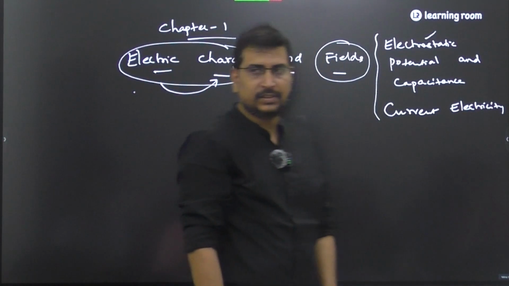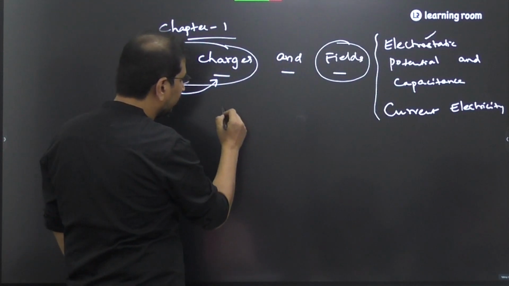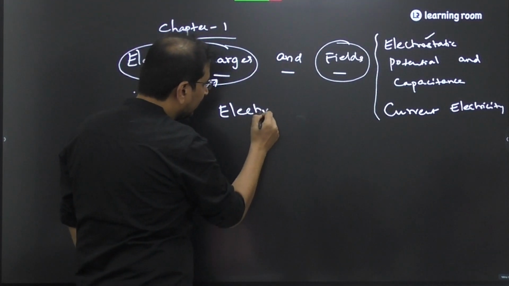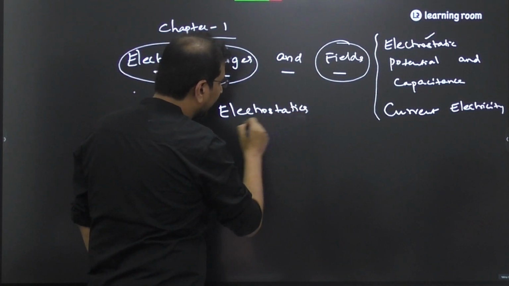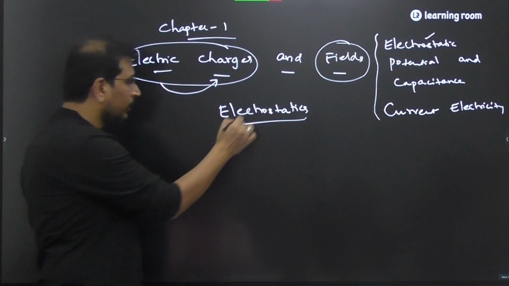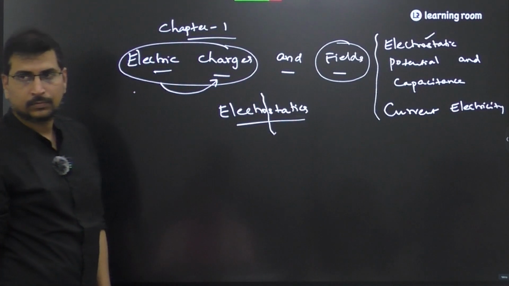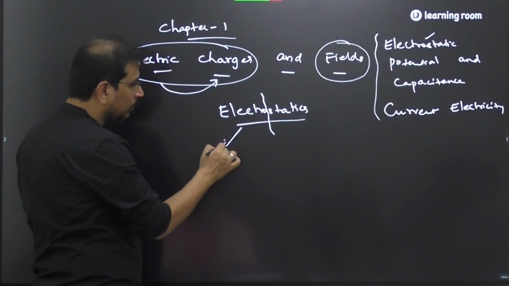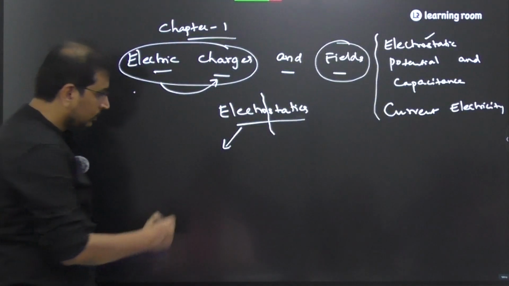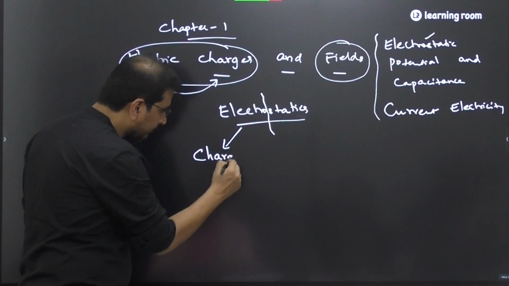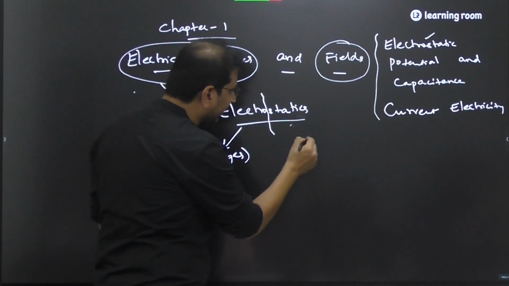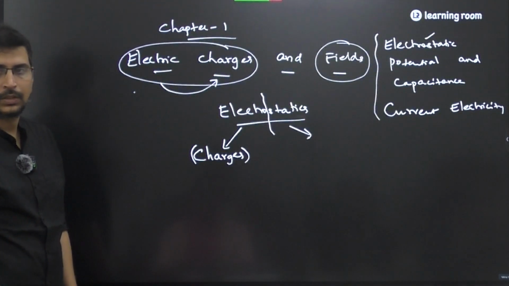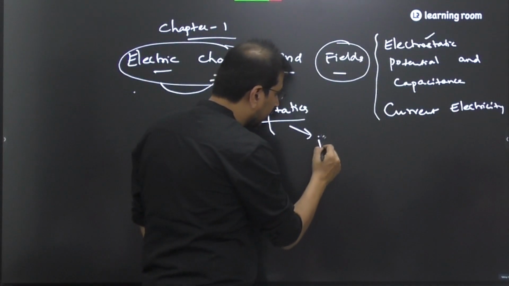So the branch of physics under which these two chapters fall is called as electrostatics. So what we'll do is we'll break this word into two parts. Electro refers to charges. Statics refers to rest. Right?